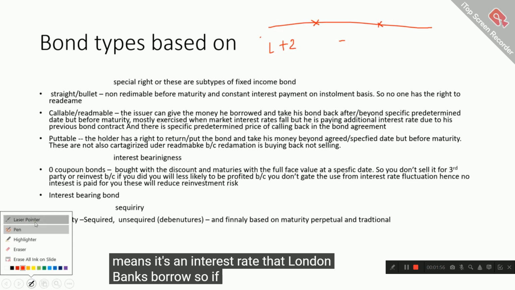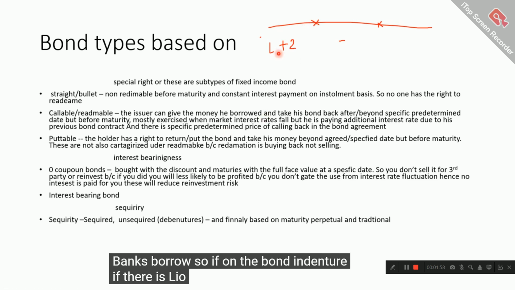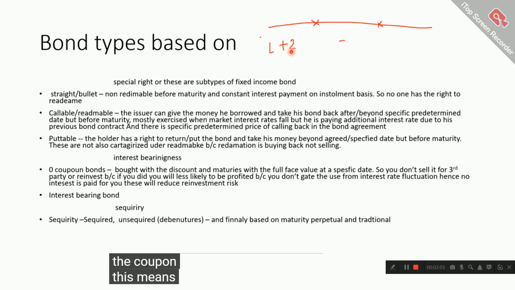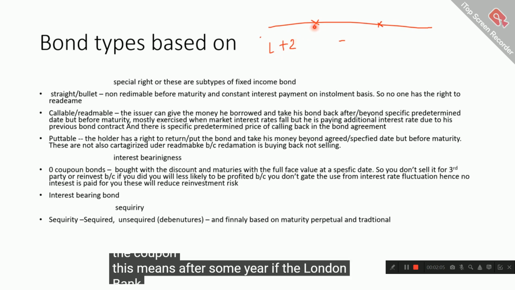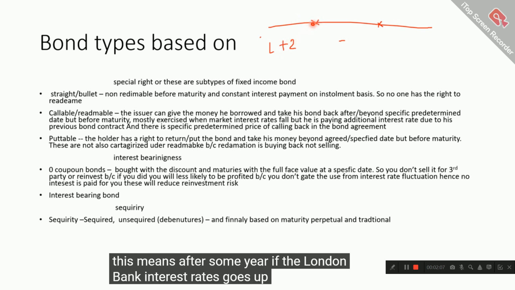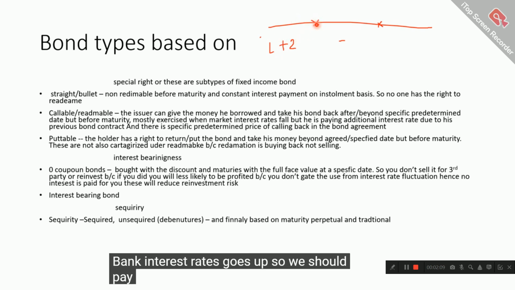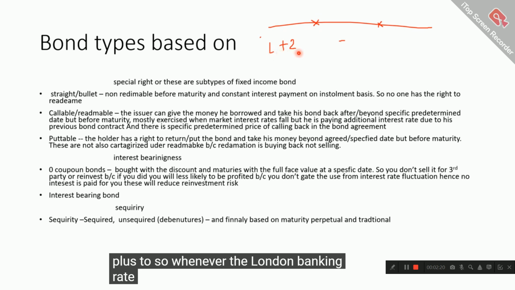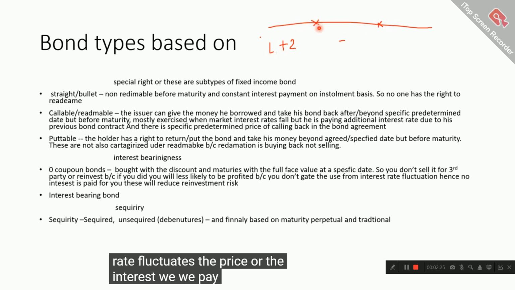So if on the bond indenture there is LIBOR rate plus 2 stated on the coupon, this means after some years, if the London bank interest rate goes up, we should pay an interest that is 2% greater than this London banking rate. It says LIBOR rate plus 2. So whenever the London banking rate fluctuates, the interest we pay as an issuer will also vary.